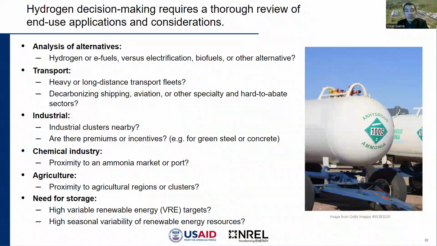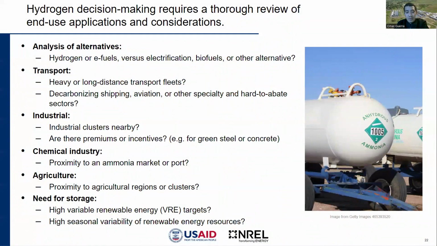And here the focus could be on heavy and long distance transportation applications because hydrogen could be cost-effective for those end uses. Then, decarbonization of shipping and aviation. I think those are key important areas for hydrogen because hydrogen could be appropriate for those applications, and we have few options to decarbonize those applications. Also hard to decarbonize sectors.